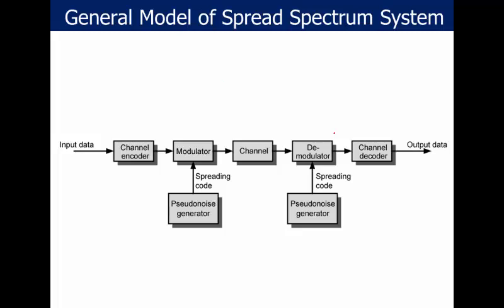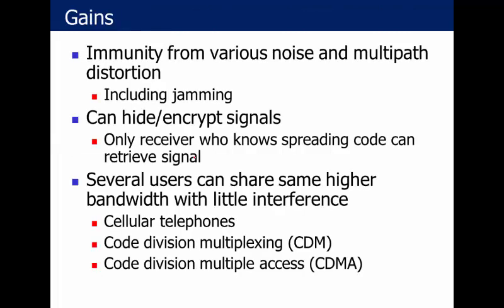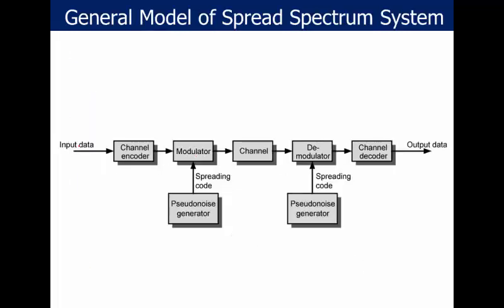So in this block diagram, this is the general model, right? So we have input data, then initially channel encoding, and then modulation with the pseudo noise generation.